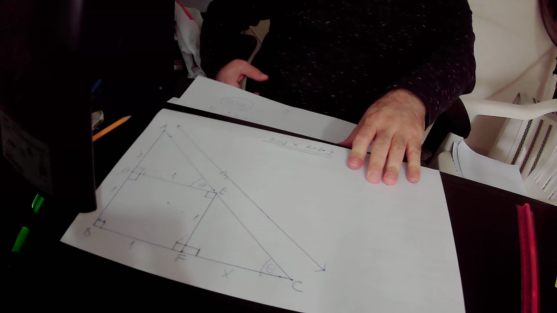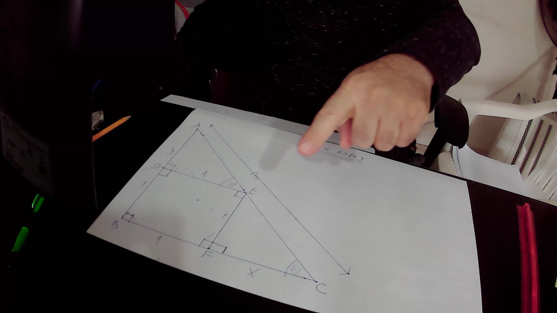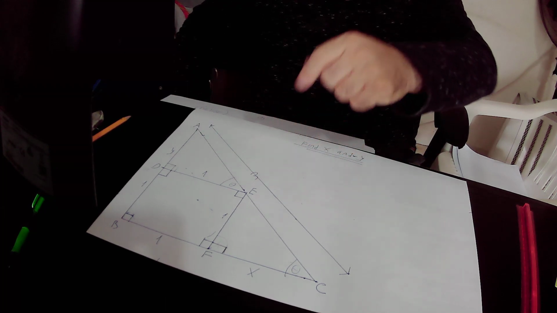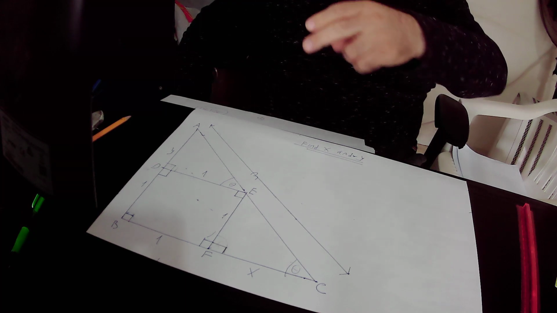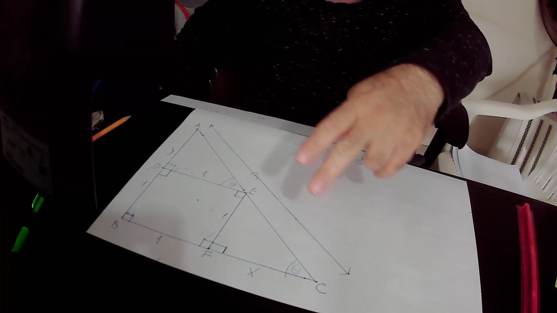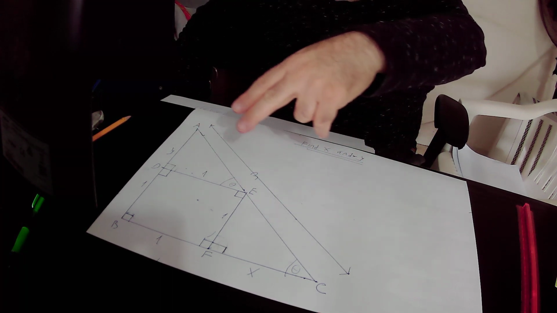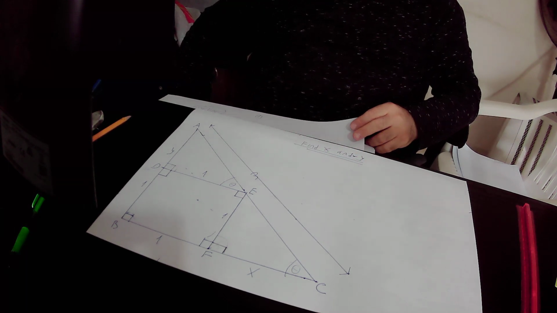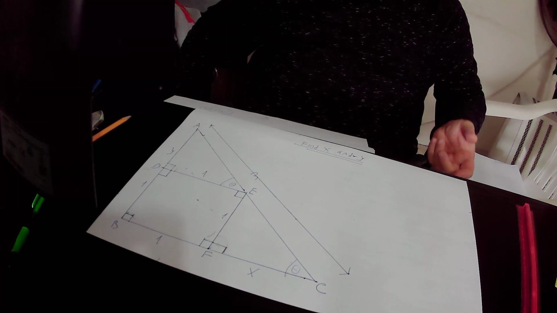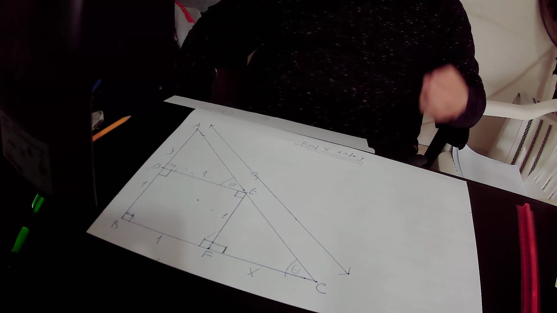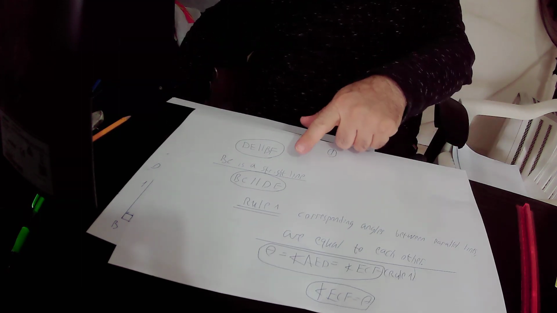And because of the fact that BF, that is part of BC, is parallel to DE, if part of a straight line is parallel to another straight line, then the straight line itself will be also parallel to that line. That is to say, BC also parallel to DE.